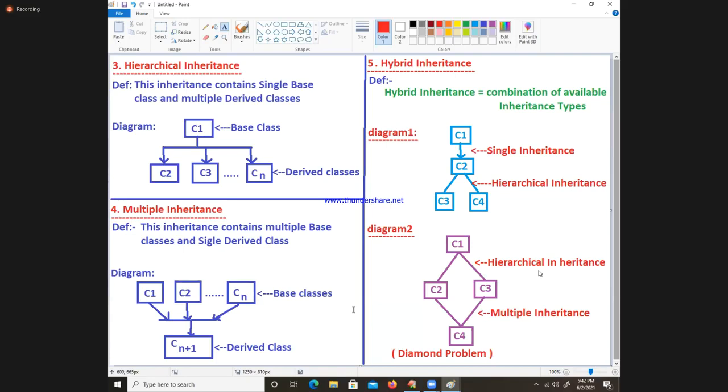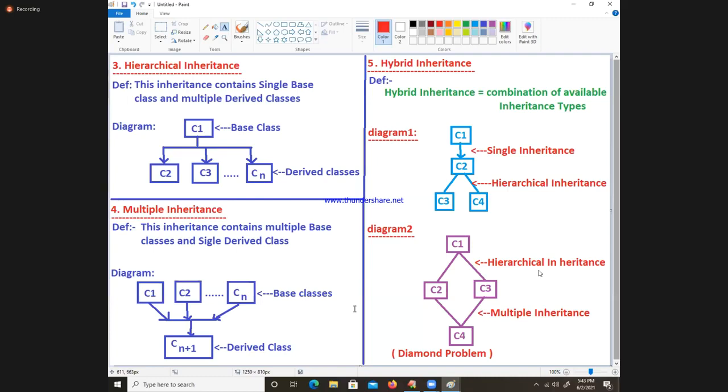Good. Inheritance follows which memory management? Logical memory management. Check your answer once more. Which inheritance will it follow?